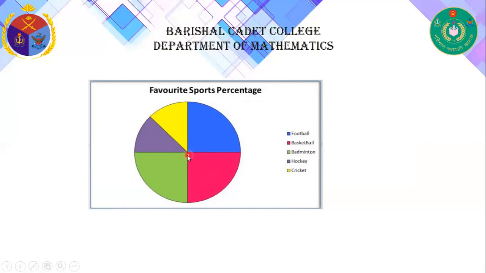And here we put the protractor and find this 90 degrees for badminton. And we put the protractor here and get 45 degrees for hockey. And here we put the protractor and we get 45 degrees for cricket. So first we have to draw a line and use the protractor and then we will get the respective sectors.